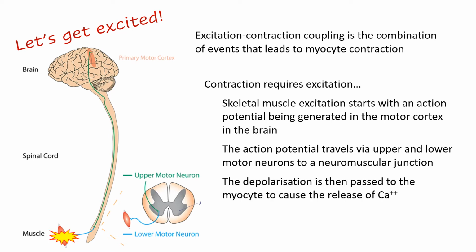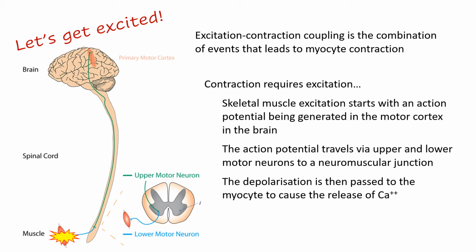The depolarization of that action potential is then passed over to the myocyte via the neuromuscular junction. The depolarization carries on along the membrane, the sarcolemma of the myocyte, and it stimulates the release of calcium.